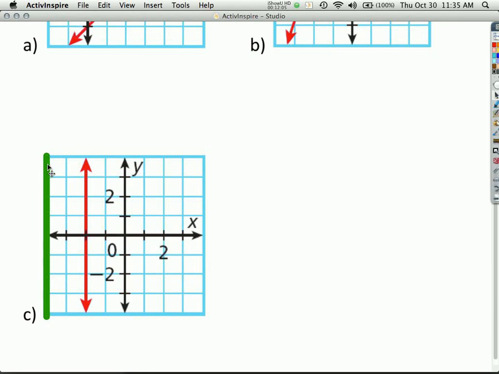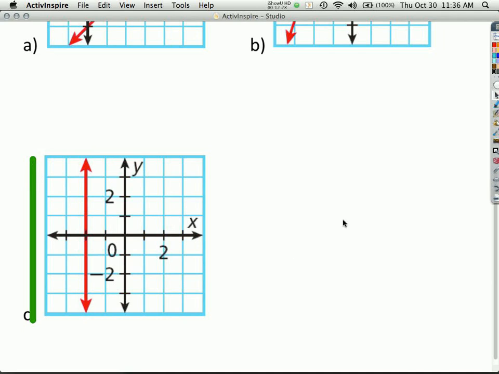Is it always touching one point? Well, it's not touching at all, it's not touching at all, now it's touching a whole bunch of points. It's touching all of the points, in fact. So that's not a function. Because for it to be a function, it can only cross one point at a time. So the vertical line test is a very simple way to say, oh, not a function.